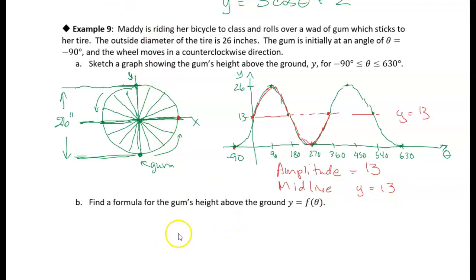So the function is going to be a sine function, stretched vertically by a factor of 13. So I have 13 sine of theta. That gives me the amplitude that I want. And then I also have to shift it up by 13, plus 13. Okay, so there you go. There is the formula for the height of the gum above the ground.